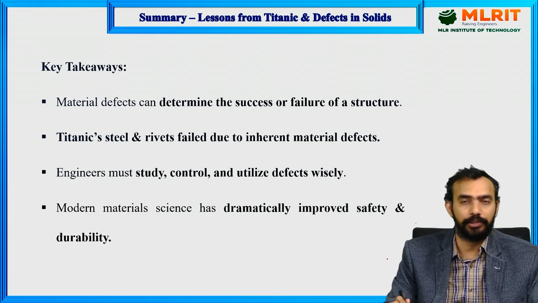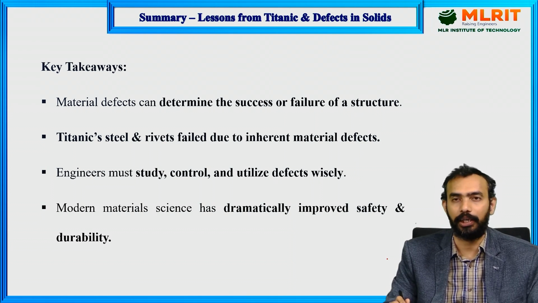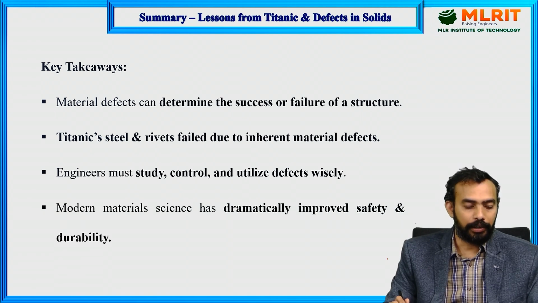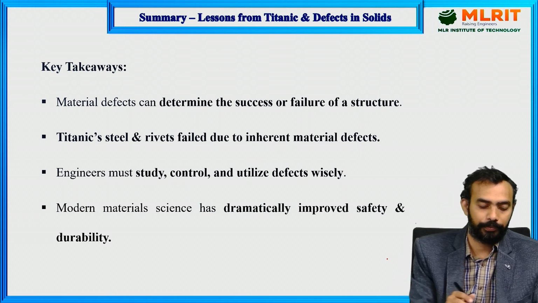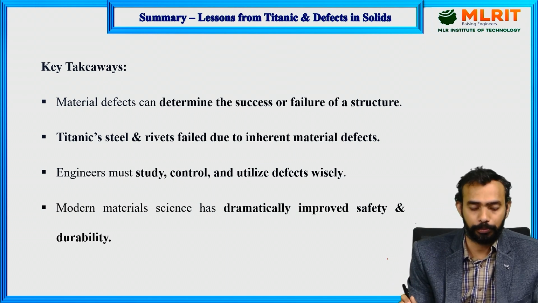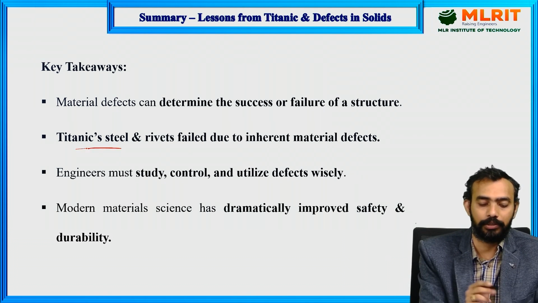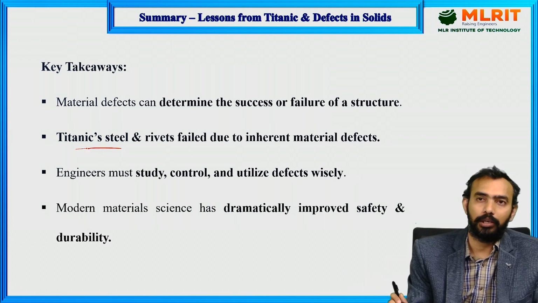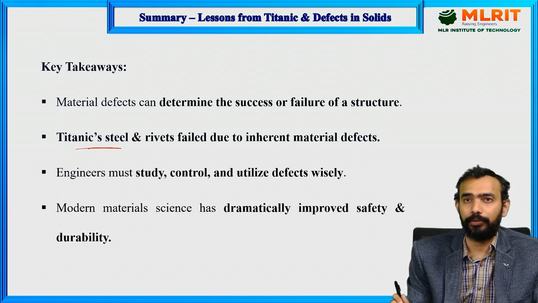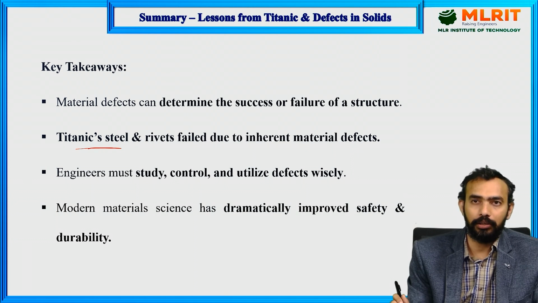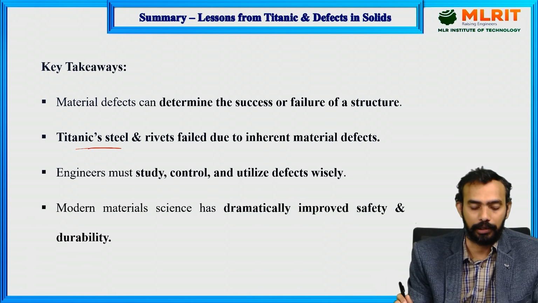We discussed this with the classic example of the Titanic ship, and we also saw the root cause of its failure. From the material defects point of view, we discussed that the Titanic steel was composed of high sulfur and phosphorus content, which caused brittle behavior in the steel, especially at sub-zero temperatures, in the -2 degree cold water of the Atlantic Ocean.